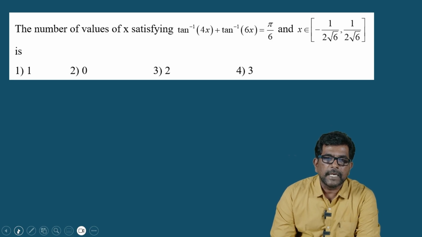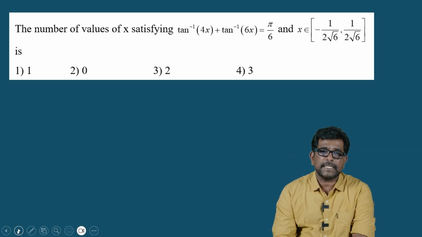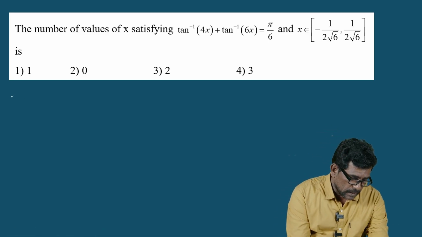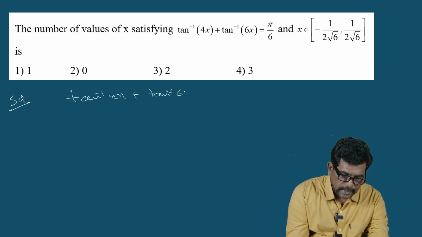It is, I think, a combination of inverse trigonometric functions and quadratic equations. Observe here the given equation: tan inverse of 4x plus tan inverse of 6x is equal to pi by 6.